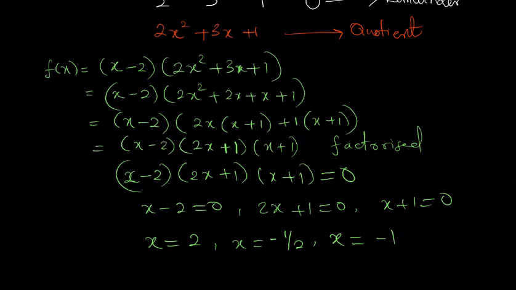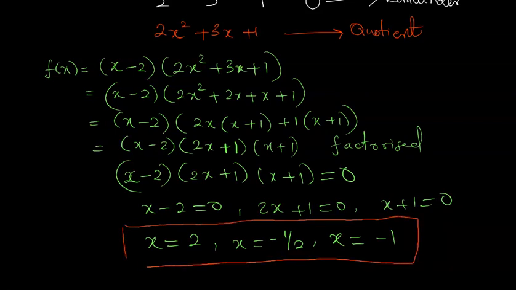These are the roots of the polynomial. So x equals 2, x equals minus 1 over 2, and x equals minus 1.